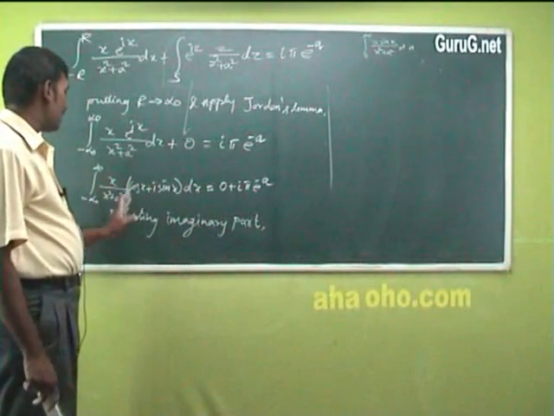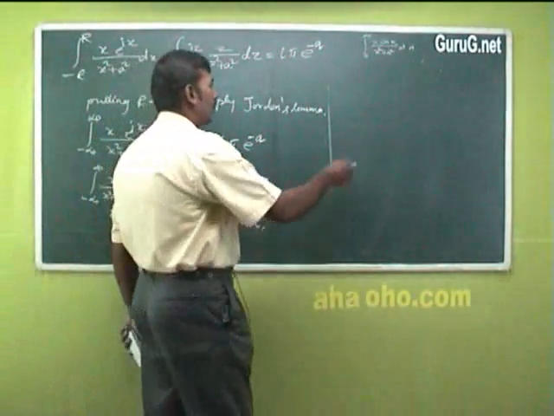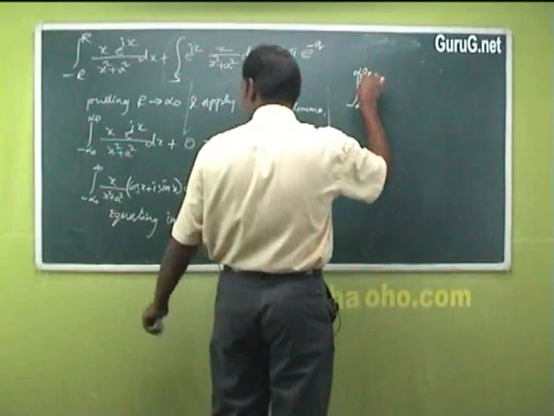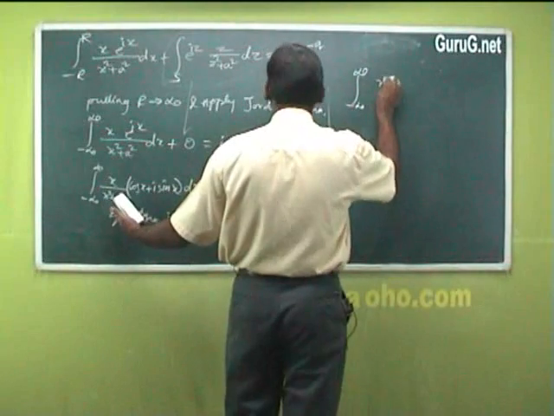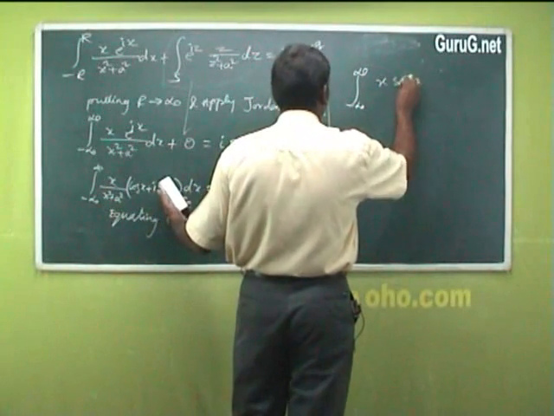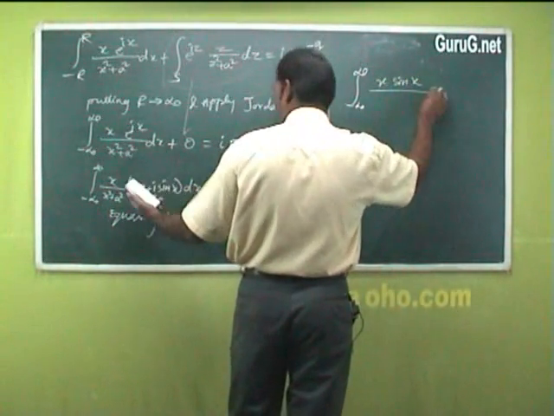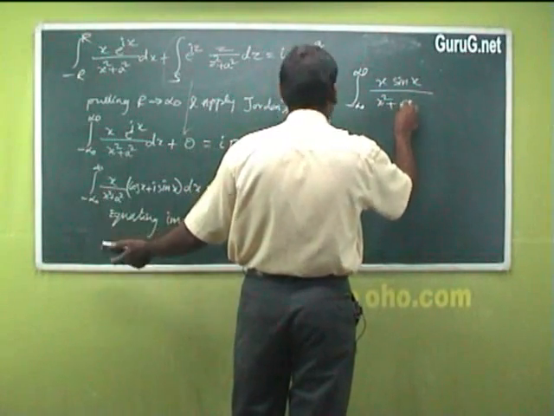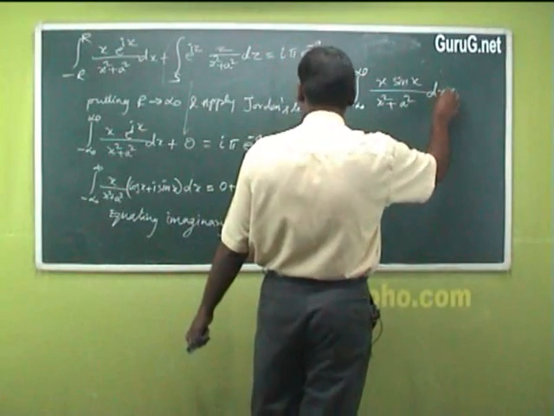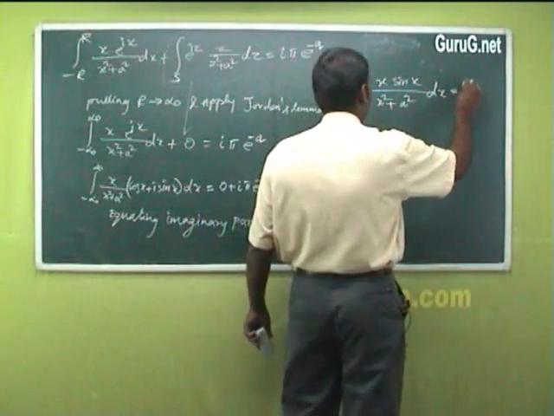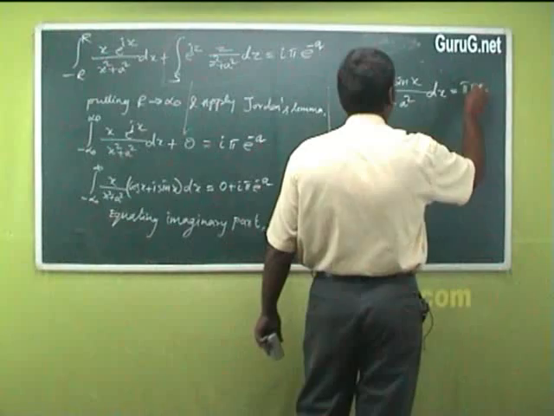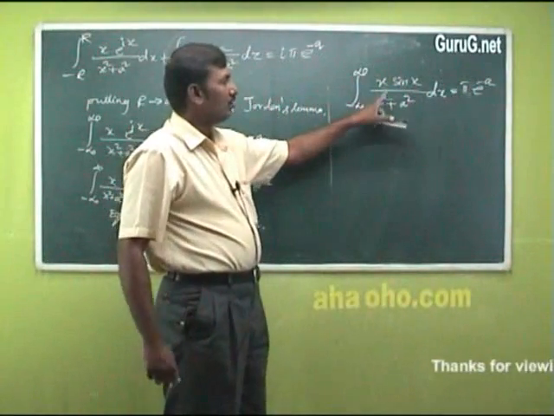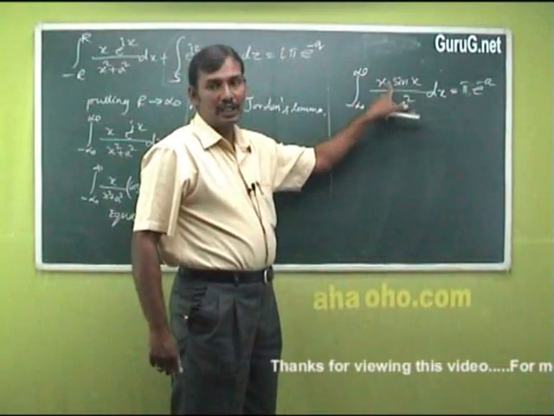Now, equating the imaginary part, we get on the left hand side the integral from minus infinity to infinity of x into sin x by x square plus a square into dx equal to pi into e power minus a. So it is an even function, right? So numerator, this is odd into odd, even.